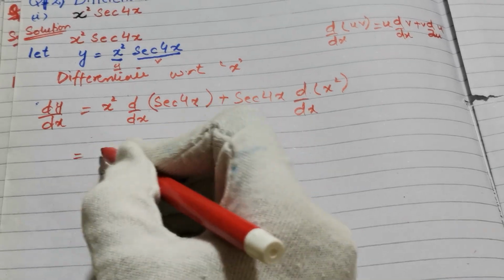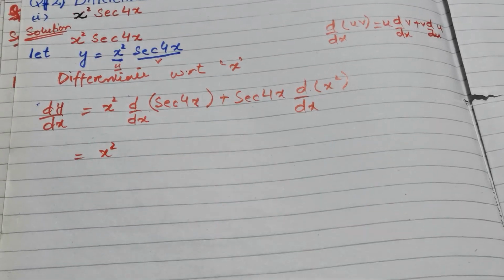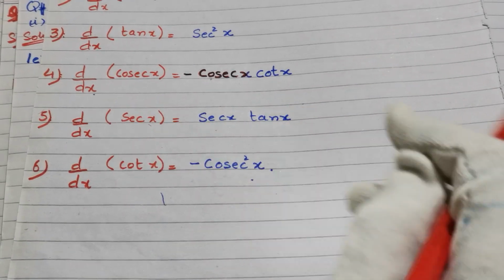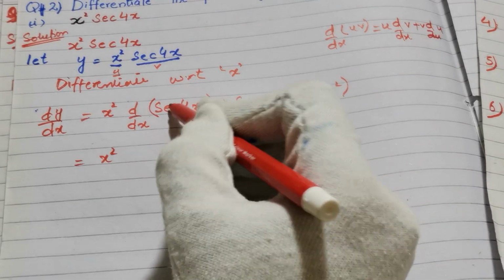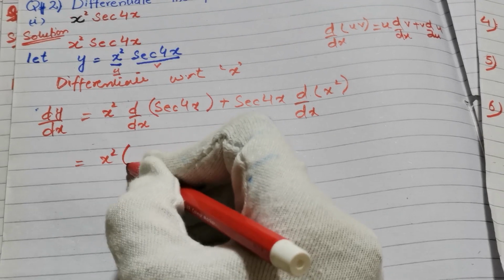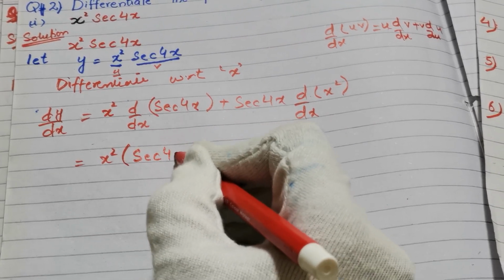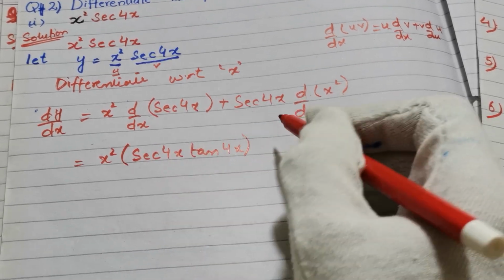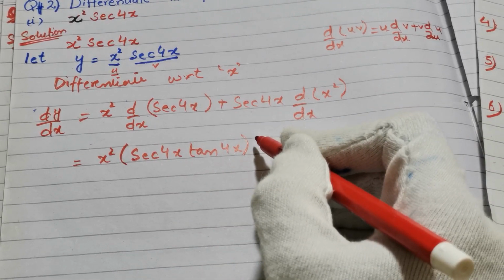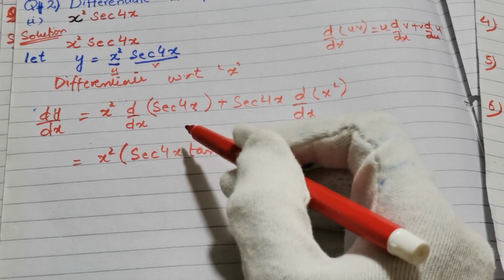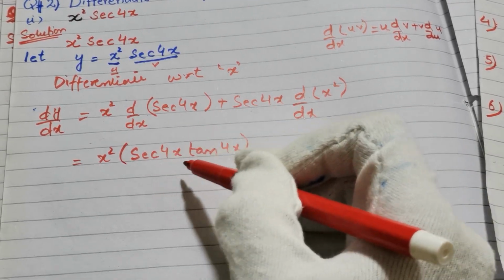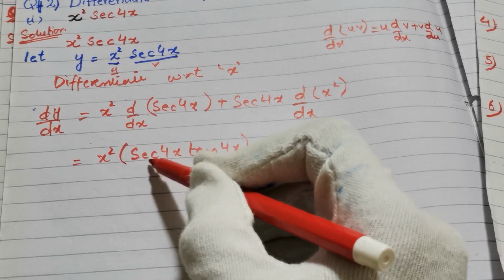Now x square as it is, and derivative of secant theta is secant theta tan theta. Here theta is 4x.